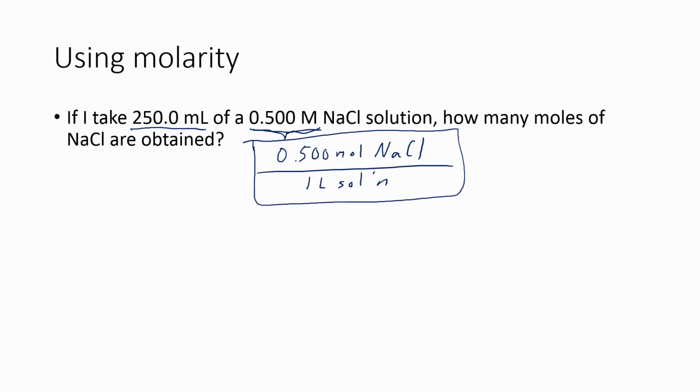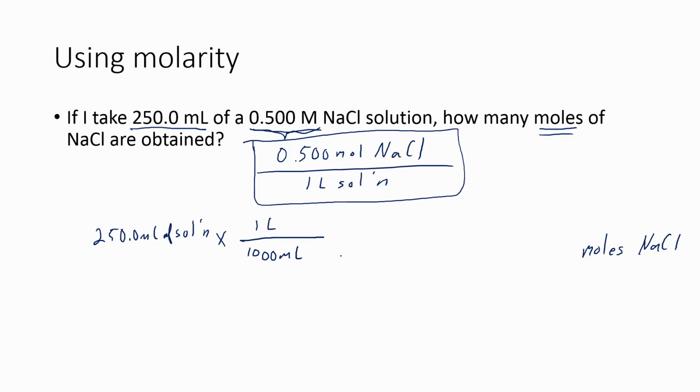So I have 250 milliliters of solution. If I had liters, I could get to where I want to be, which is in moles. So I want moles of sodium chloride over here. I'm starting with 250 milliliters of solution. Let's see where I can get to. So I need liters. So I'll convert to liters. Milliliters cancel. I'm left with liters of solution.